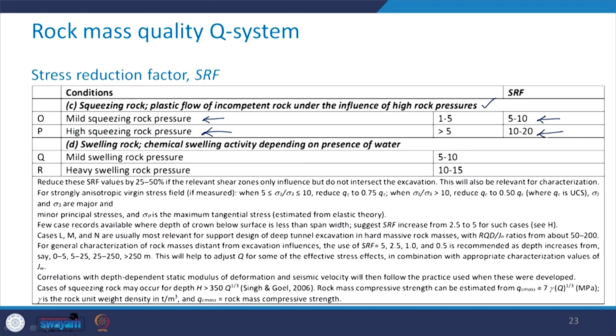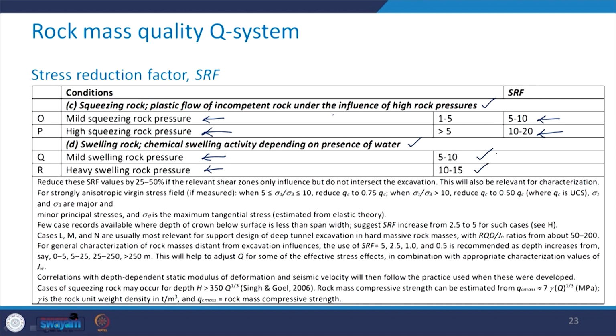This was for the squeezing rock. Now for the swelling rock, where the chemical swelling activity depends upon the presence of water. If you have mild swelling rock pressure, you will have the rating of 5 to 10, and in case of heavy swelling rock pressure, you will have the rating 10 to 15.